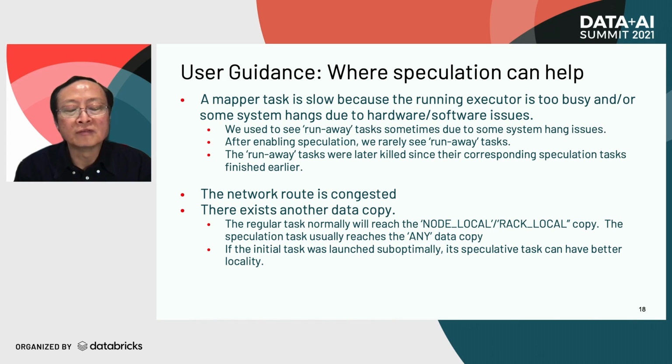Also, in terms of data locality, the regular task normally will reach the node local or rack local copy, and the speculation task usually reaches the other data copy. If the initial task was not launched in an optimal way, its speculation task can have a better locality.